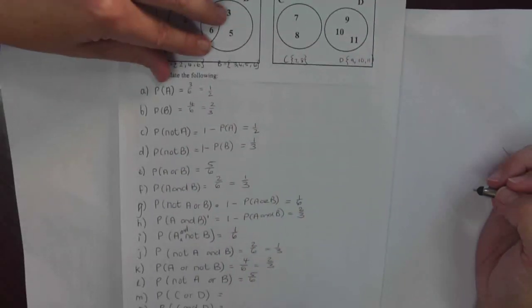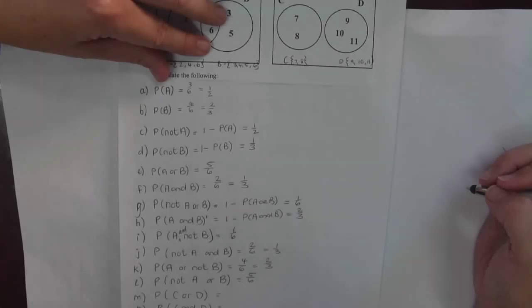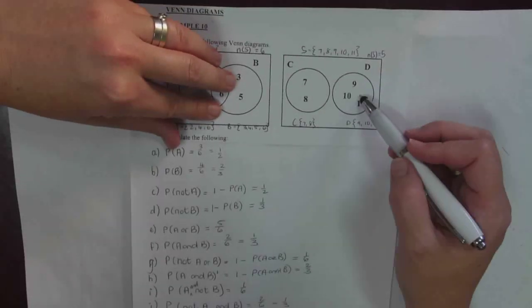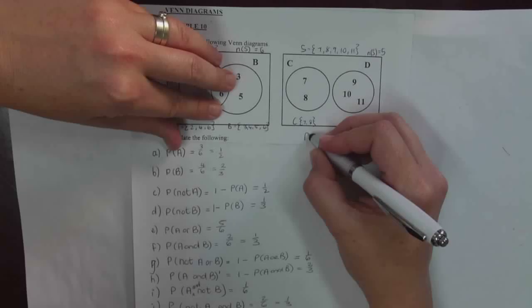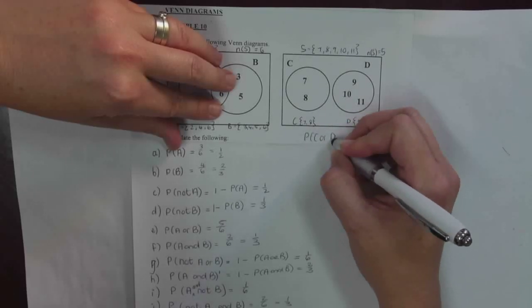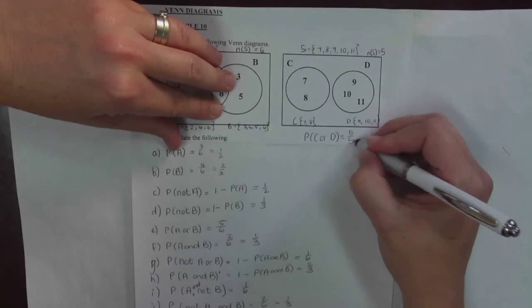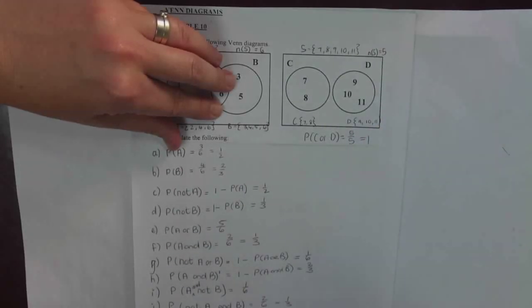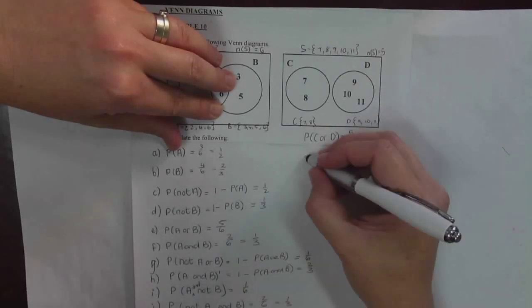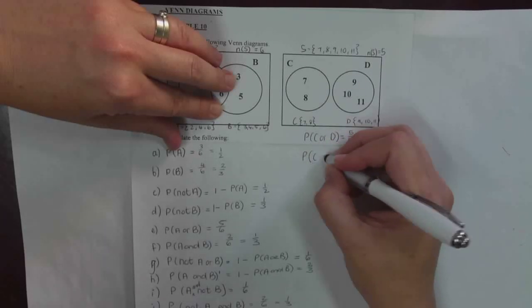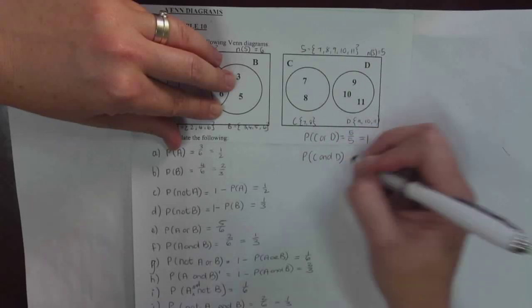So C or D is 5 out of 5. That is 1. And then the last one says the probability for C and D.